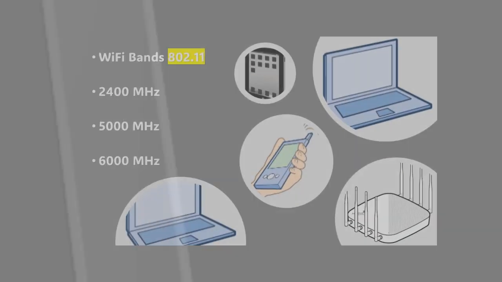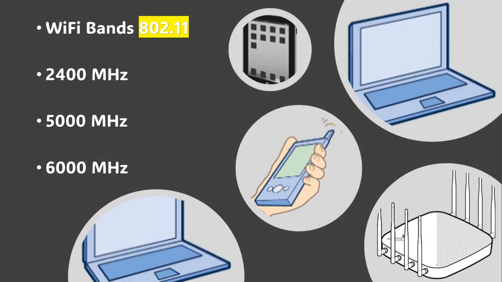We are actually talking about the Wi-Fi 802.11 standard, and these bands are mainly the 2.4 gigahertz, which is a very popular band used everywhere, an unlicensed band, obviously depending on where you are located, the local regulations, the rules, and so on.